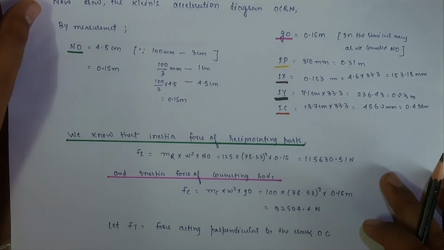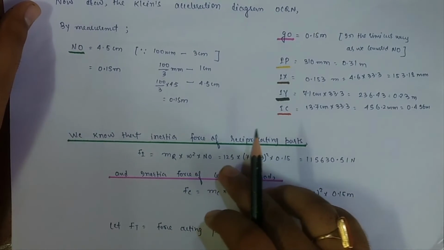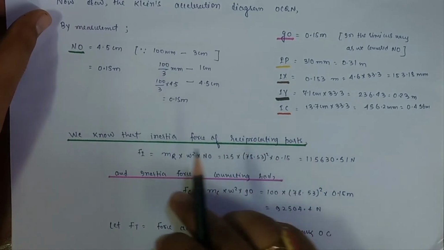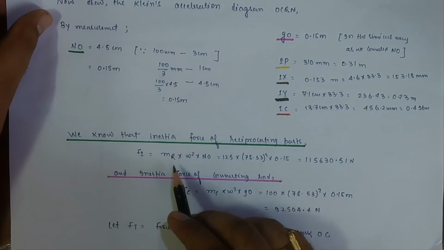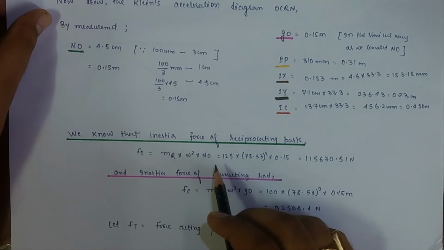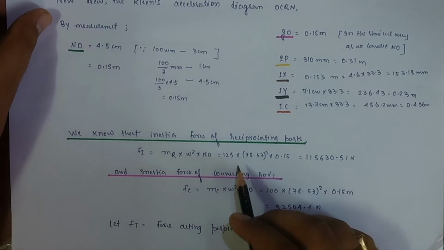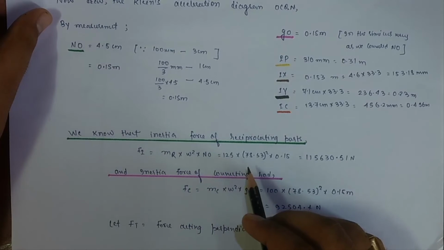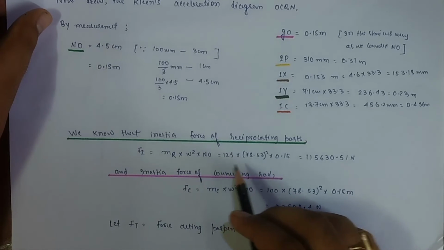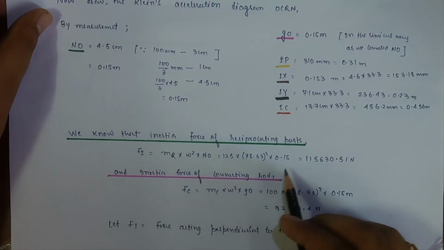Now come on to the calculation of inertia forces. We know that inertia force of reciprocating parts Fi is mass of reciprocating parts into omega square into NO. We know Mr as given in problem as 125 kg. We know omega we have calculated by the help of engine speed, which is 78.53 square into we know the length NO 0.15.